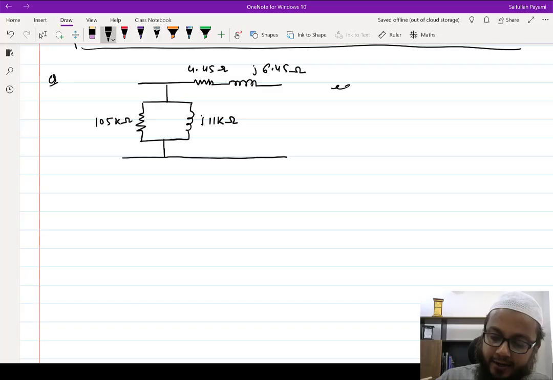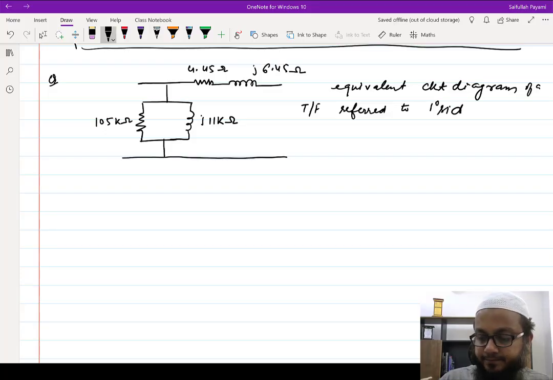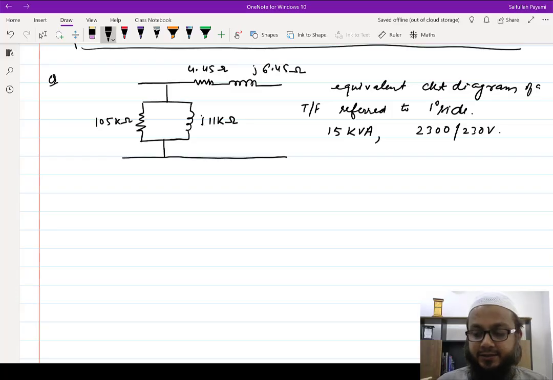This is the equivalent circuit diagram obtained from OC and SC test of a transformer, referred to the primary side. The rating of the transformer was, let's say, 15 kVA and 2300 by 230 volt.